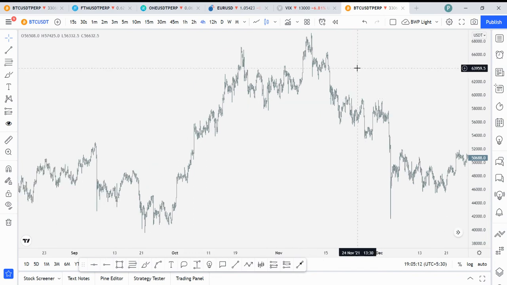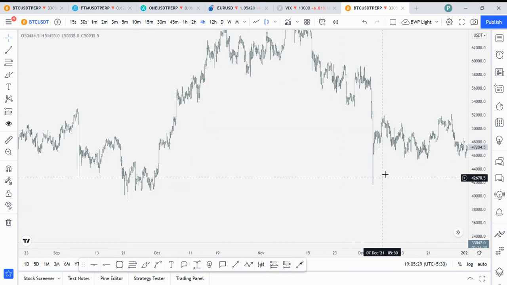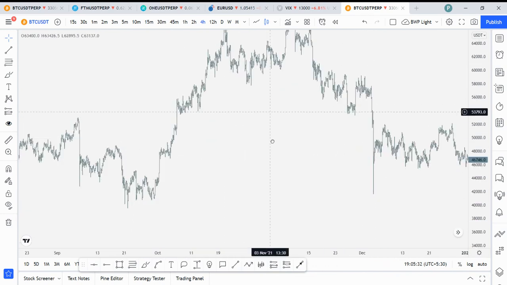The algorithm would push price to areas where there is enough sell orders. That's what happens. The algorithm will begin to push price, deliver price to areas where there is a lot of sell orders.